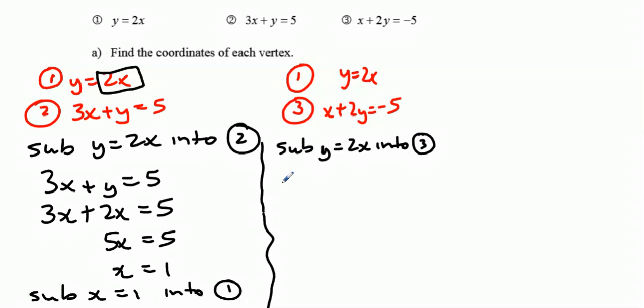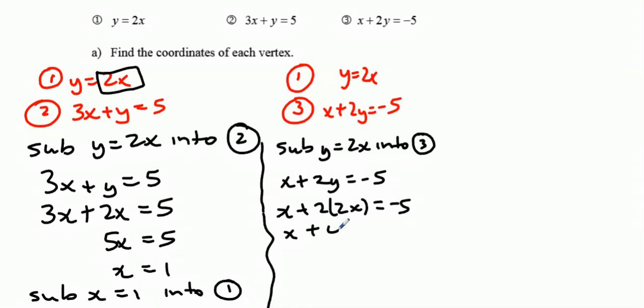So then we have x plus, this is 3. Now we're going to substitute, remember, this part here in where the y is. So this is going to be x plus 2, and instead of y, we're going to put 2x equals negative 5. So x plus 4x equals negative 5.